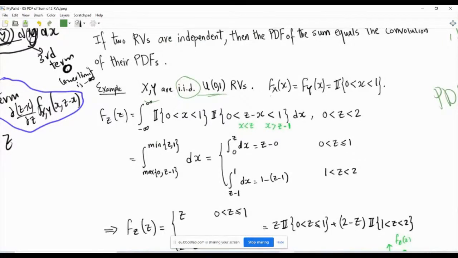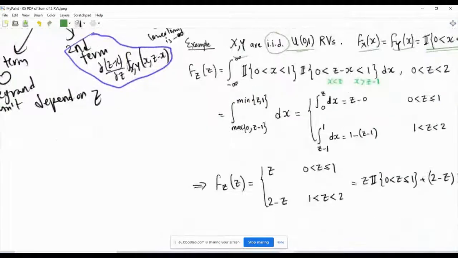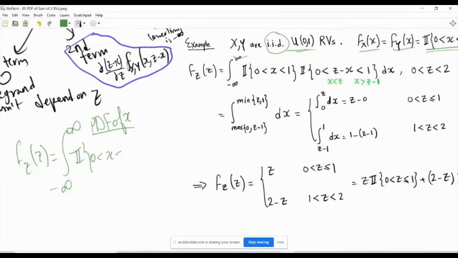The PDF of X and Y, uniform from 0 to 1, is just the indicator from 0 to 1. And so what is f_Z of z? It is the integral from minus infinity to infinity. Now we put the PDF of X, which is the indicator of 0 to 1, because X is given in the problem as uniform 0, 1.